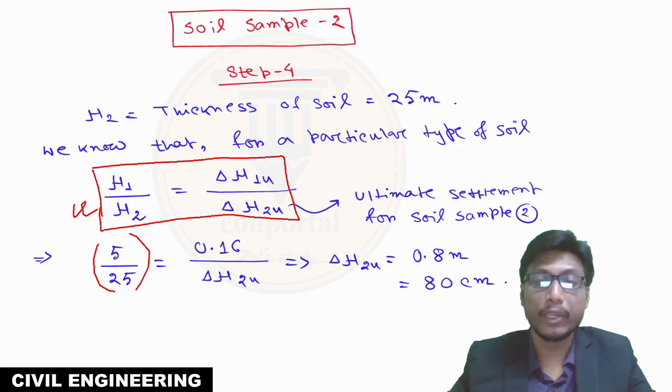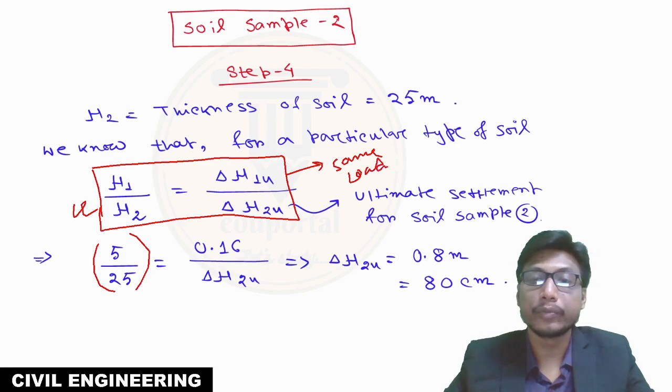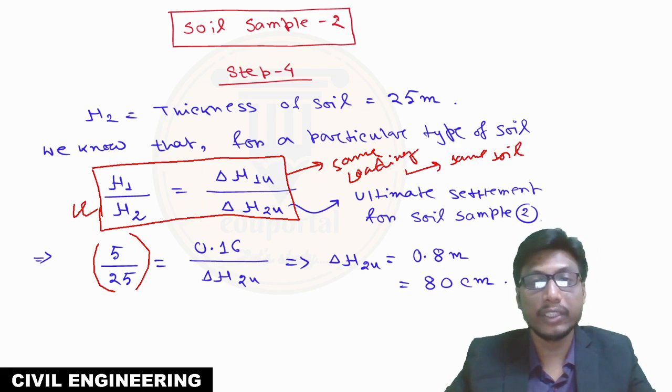So what are the conditions for this equation to be valid? Same loading and same soil. If the loading condition is same, drainage condition is same, and same type of soil is there, then this condition is valid.